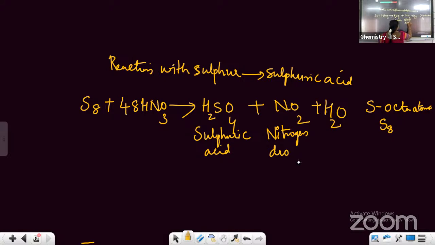So why have we taken sulfur as S8? Because we know that the molecule of sulfur is octaatomic, meaning one molecule of sulfur contains 8 sulfur atoms. Therefore, that is the reason we have taken S8. This is nothing but sulfur only, your sulfur in the molecular state.